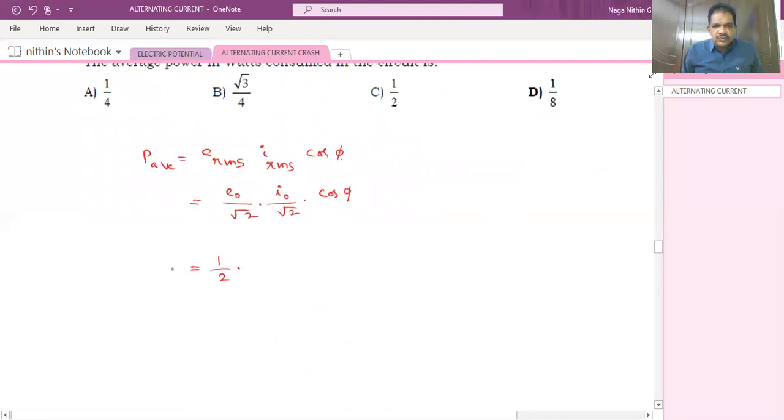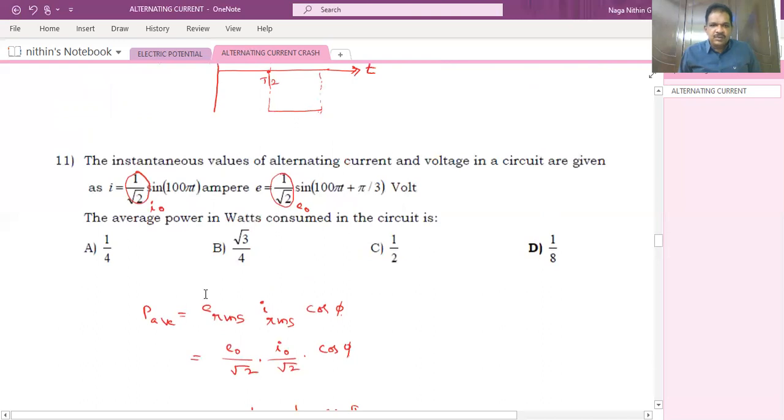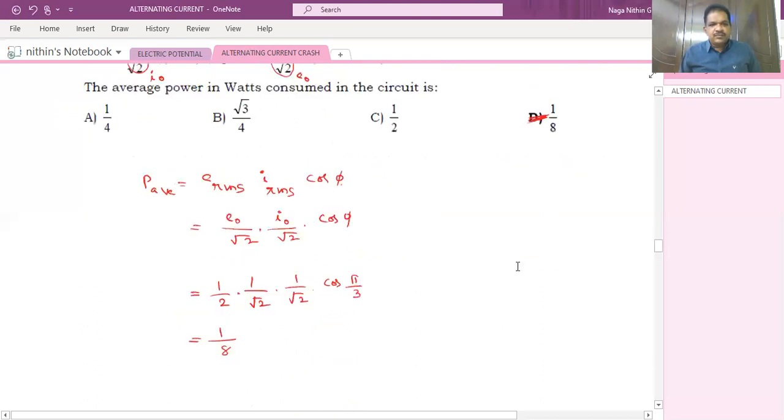So E naught is 1 by root 2, I naught is 1 by root 2, cos pi by 3. Cos 60 is 1 by 2, no? So finally this is 2 again, 2 into 2 into 2. This value will be 1 by 8. The option for this will be this one.